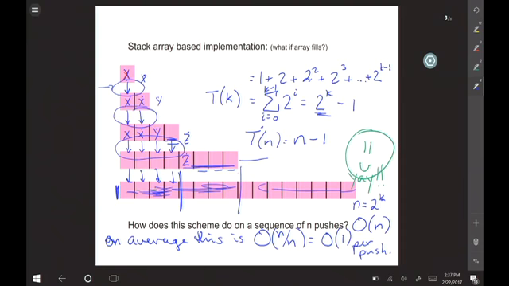Okay, so what would change in my analysis if instead of doubling the array, I would triple the array? What would change in the scenario if I k-tupled it? If I multiplied it by some other constant, what would change?